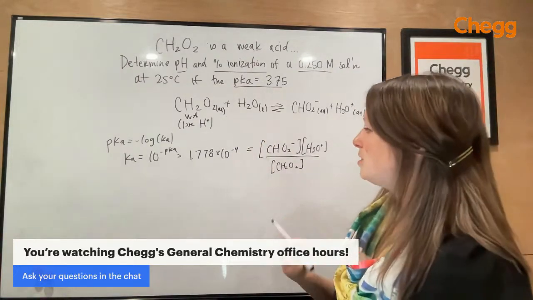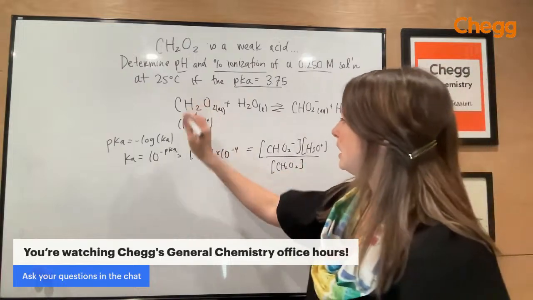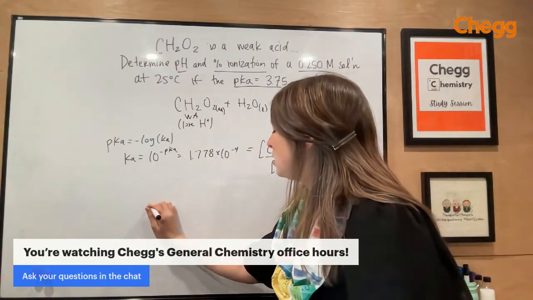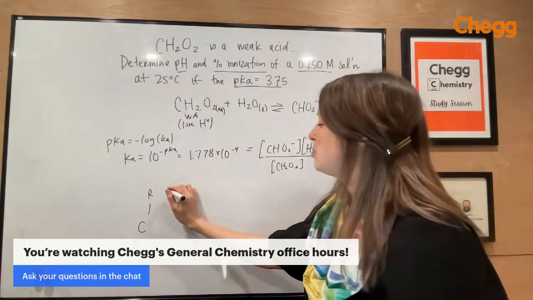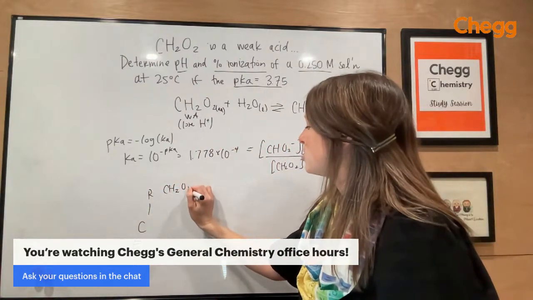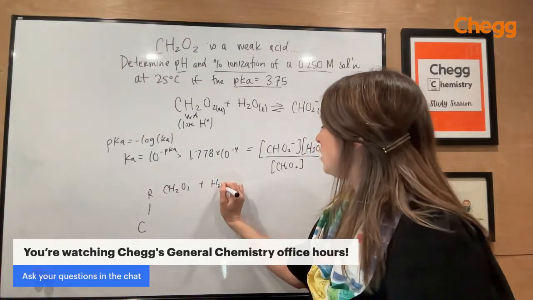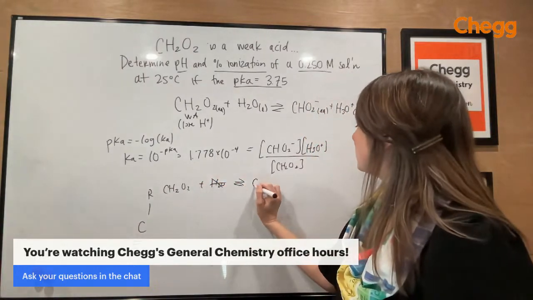All right, and then what do we know from this? If I was to write out an ice table, let's see. My initial, change, and equilibrium. I like calling them RICE tables because I do think it's valuable to have that reaction there as you're doing this. We're not going to worry about our liquid.